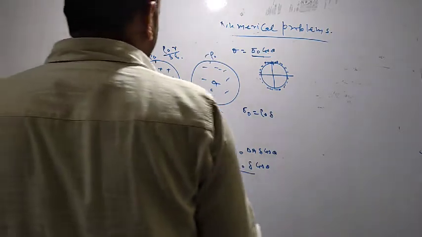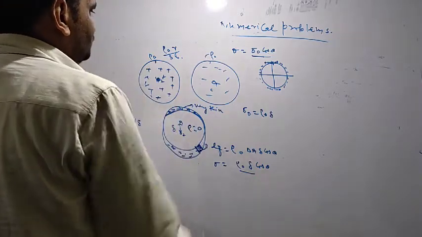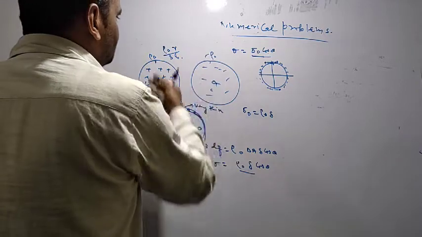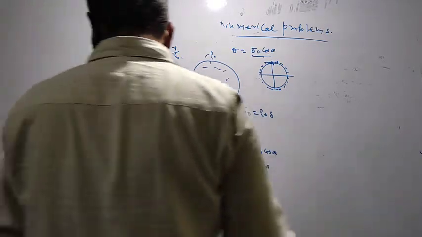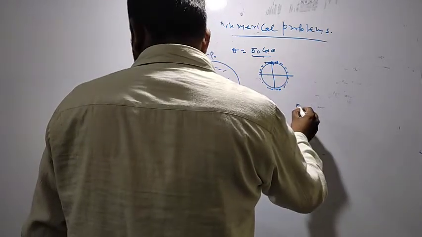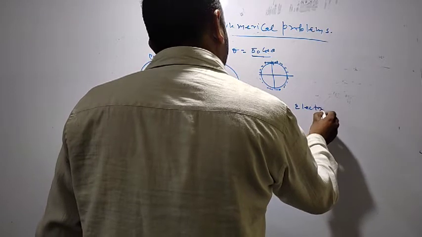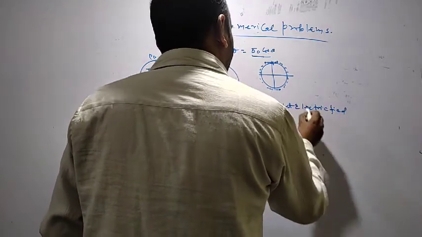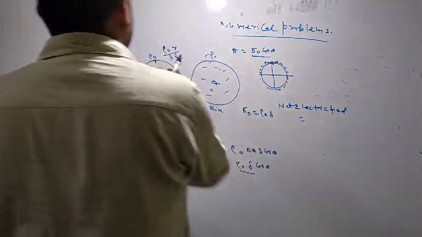Well, so what will happen to the electric field inside due to both these spheres? So we can write the net electric field is going to be due to this one.